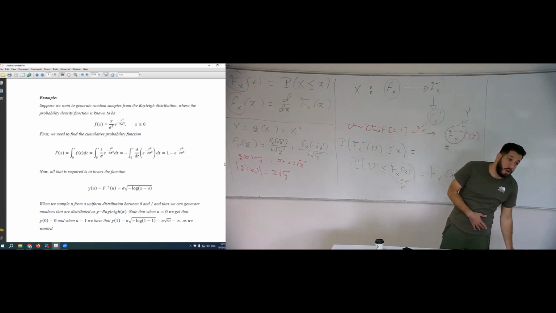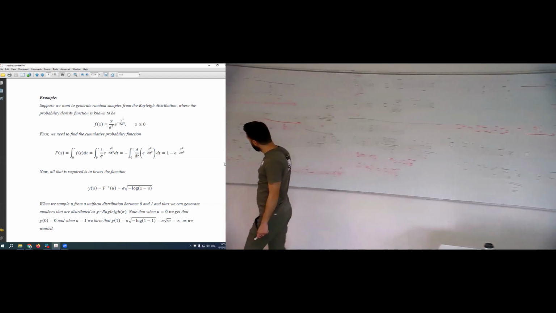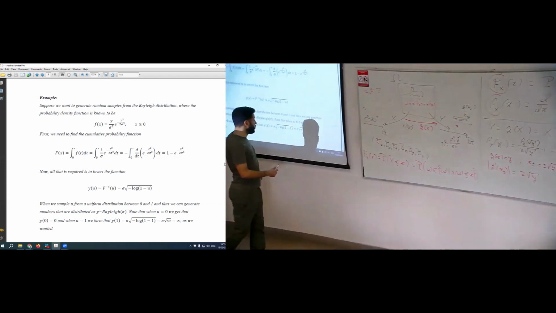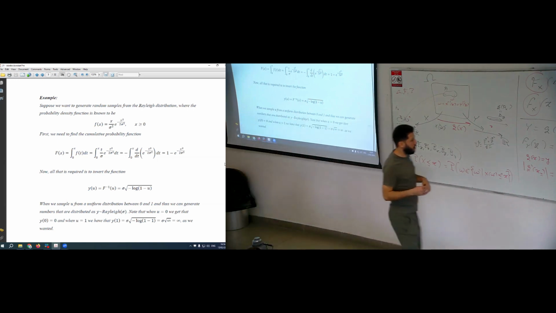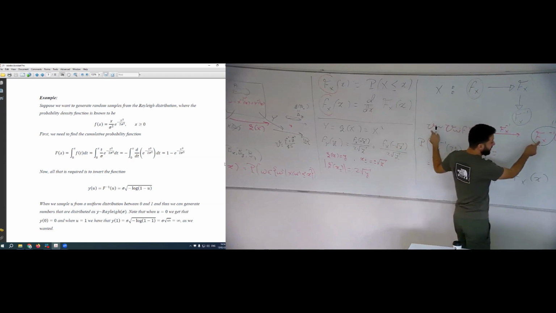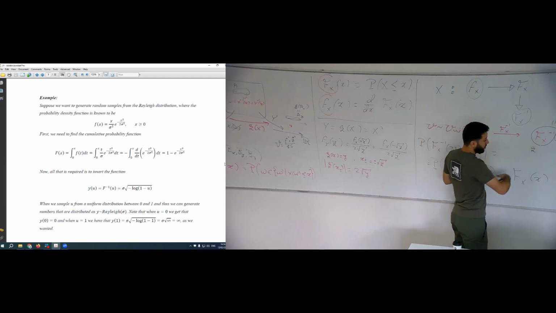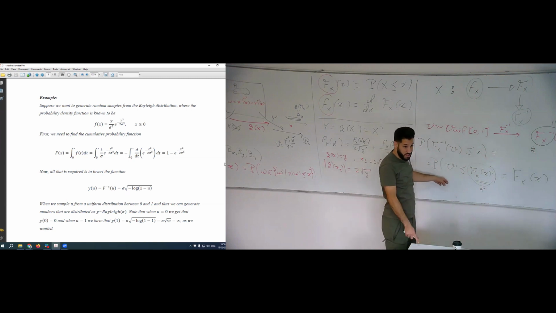But we got infinity when u goes to 1. What's the intuition of this? Not mathematically. So the intuition: I use this number and plug it into a continuously decreasing function, and I have to get all values of x, because I proved for you that I get the density function of x.